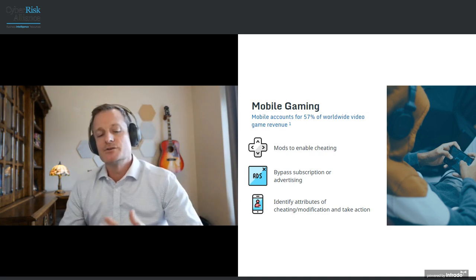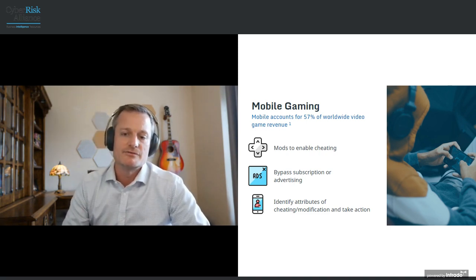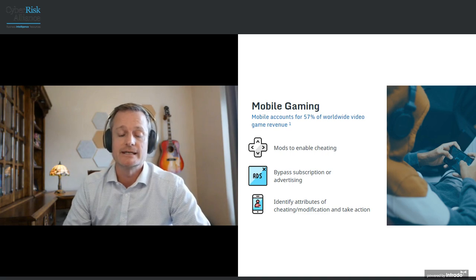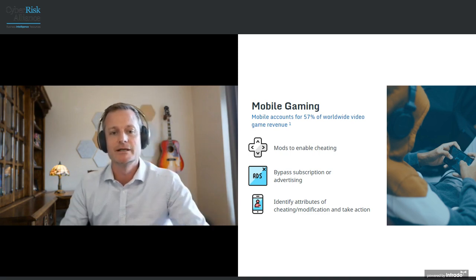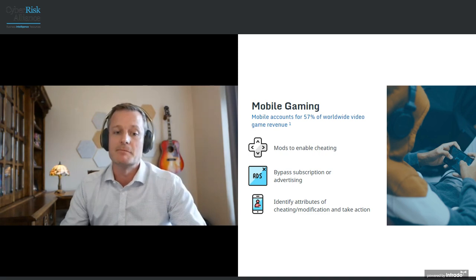And then as you identify these scenarios of cheating, particularly in the multiplayer games, we see companies looking for ways to identify specifically the user and the device where that cheating has taken place. It's almost like a variation of the fraud monitoring that financial companies are doing, but in a gaming world, so that they can take action based on that.